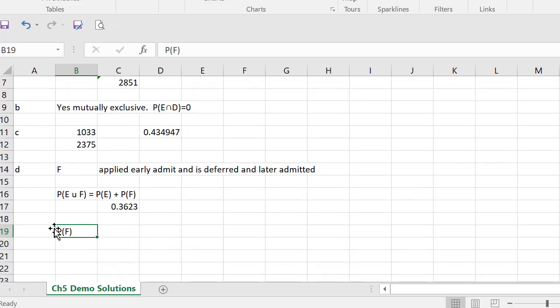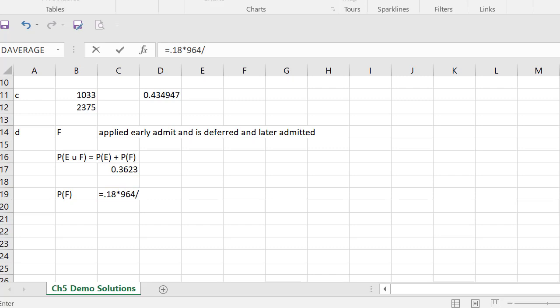So the probability of F is 0.18 times 964, all divided by the total number of applications, which would be 2,851.